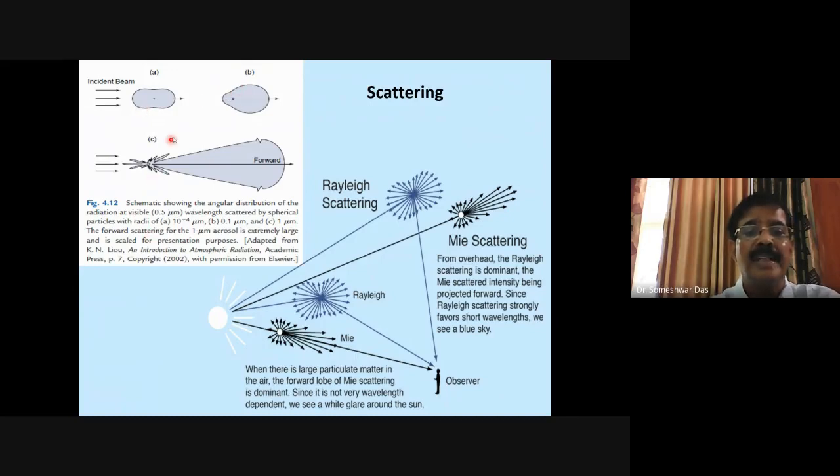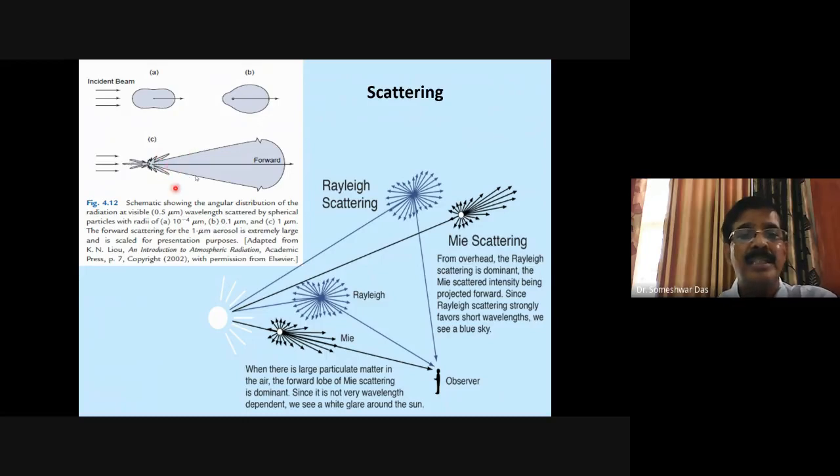So this diagram is showing the angular distribution of the radiation at visible wavelength, that is 0.5 micron, scattered by spherical particles with different radii. A indicates a radius of 10⁻⁴ micron, B indicates a radius of 0.1 micron, and C indicates a radius of 1 micron.